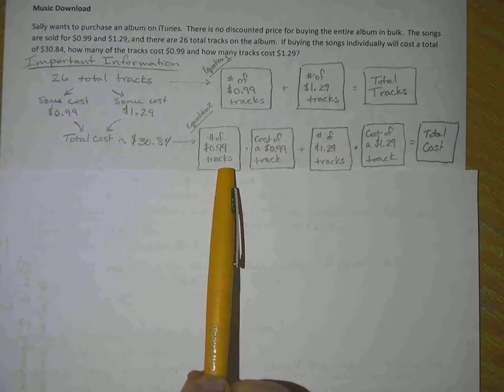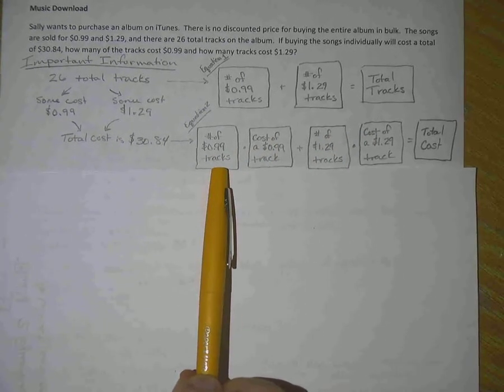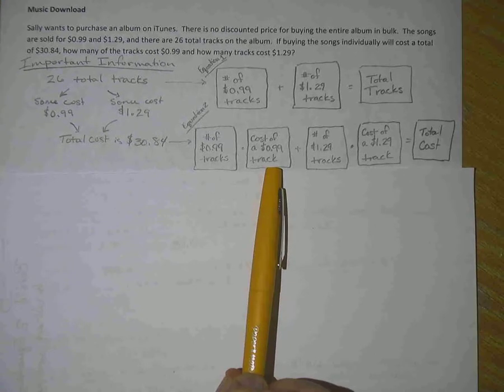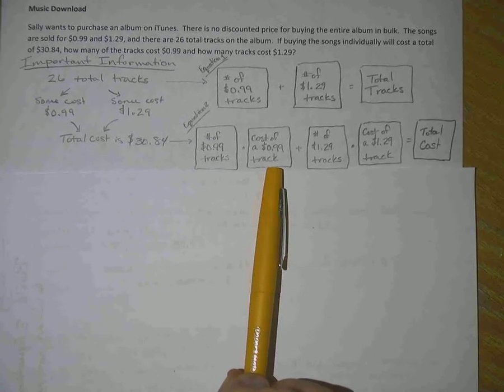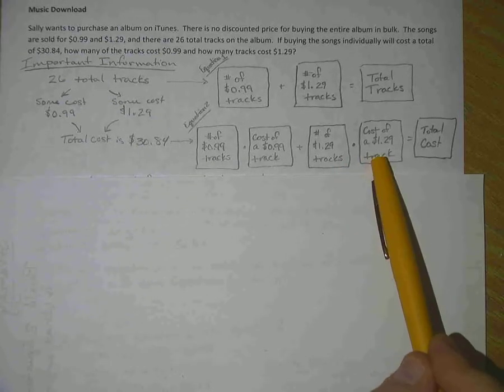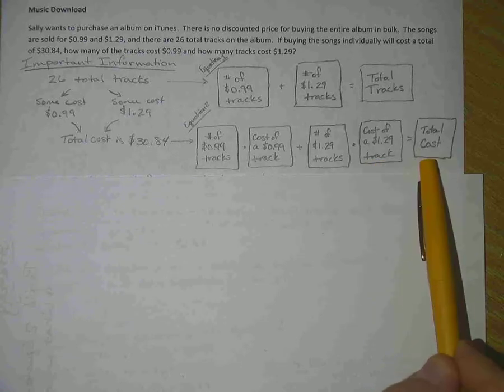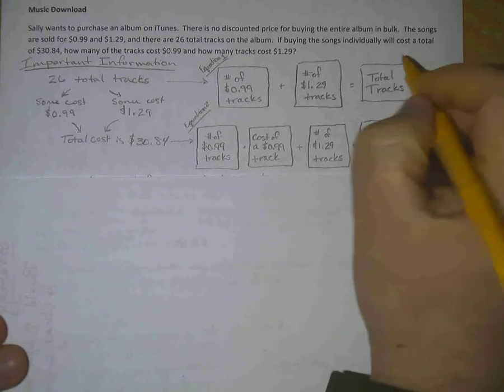Down here, the number of 99-cent tracks times the cost of a 99-cent track, added to the number of $1.29 tracks times the cost of a $1.29 track, is going to equal the total cost. So let's look at the things that I know from the problem. Well, I know the total tracks.